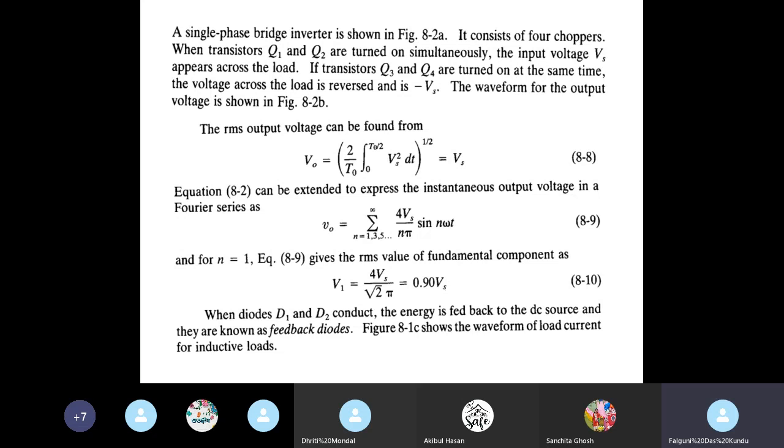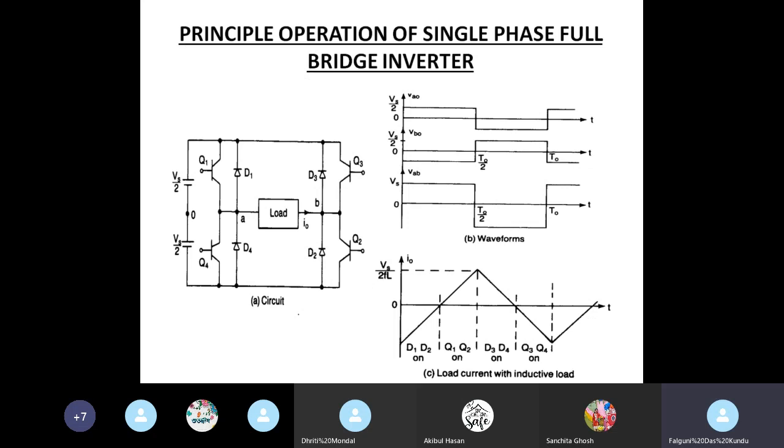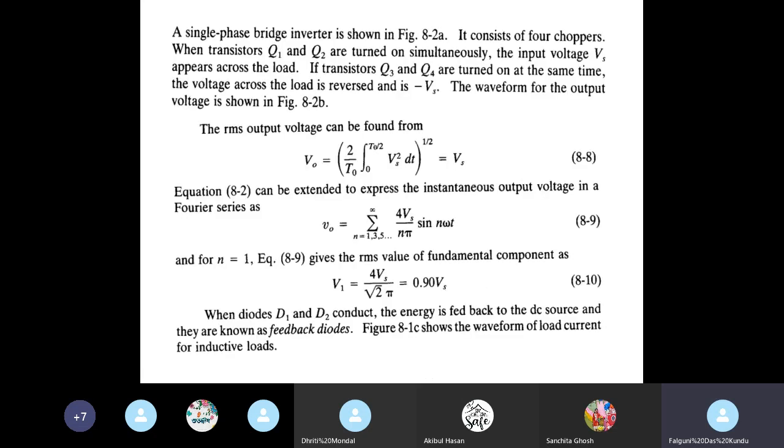From here we get the RMS output voltage is nothing but Vs. That's why we draw here Vs. So VAB is nothing but the maximum value of Vs. Now this is the RMS output voltage.